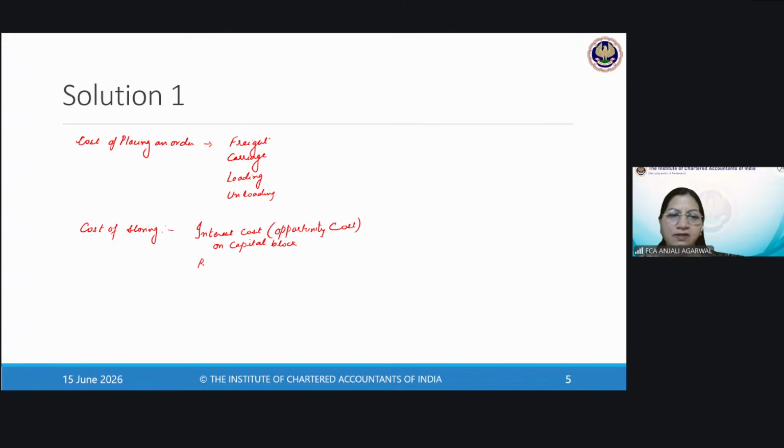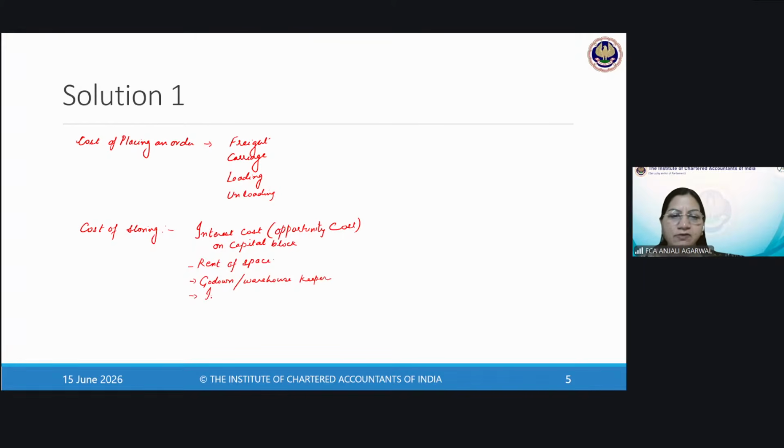Apart from this, wherever you keep the raw material, there would be some rent of space. It will occupy some space, and that would be another cost involved in storing. Then there has to be some godown keeper or someone who's looking after these goods. So you have to incur the salary of that person who's looking after these goods.